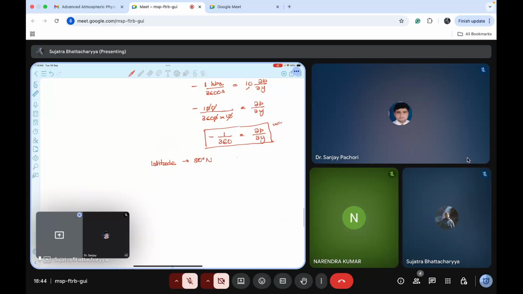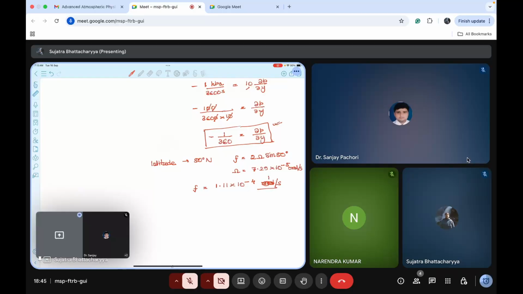That means f will be 2 omega sine of 50. But what is omega? You know, this is a constant, 7.29 into 10 to the power minus 5 radians per second. Sine 50, just calculate this value. I don't know the value actually, but I have calculated it earlier. So it is 1.11 into 10 to the power minus 4 per second.